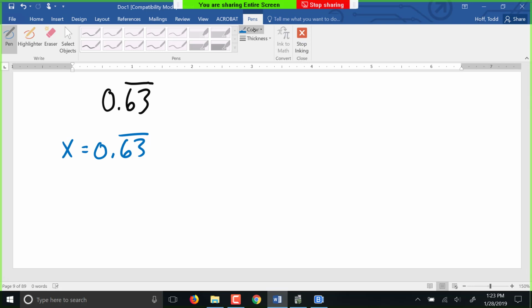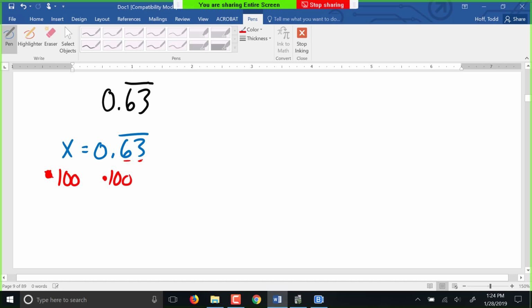Now, since 2 digits repeat, 6 and then 3 here, I'm going to multiply both sides of this equation by 100. 100 because there's 2 digits that repeat. If there was 1 digit that repeats, I'd multiply by 10. 3 digits that repeat, I would multiply by 1,000.